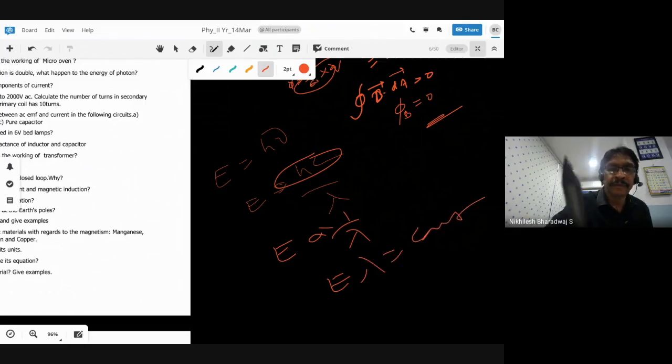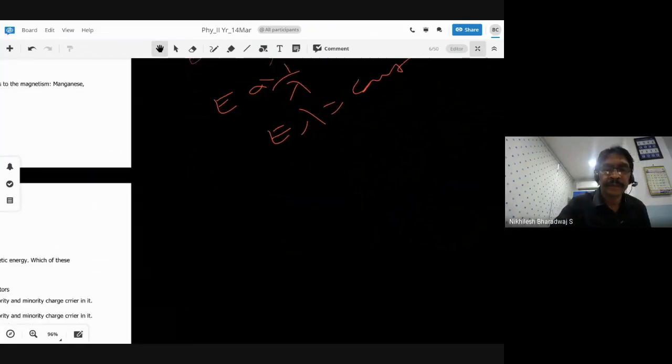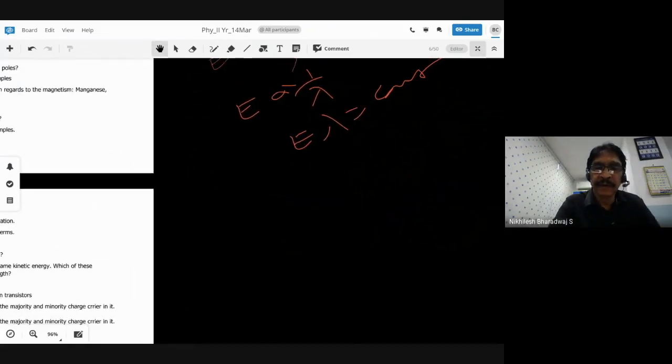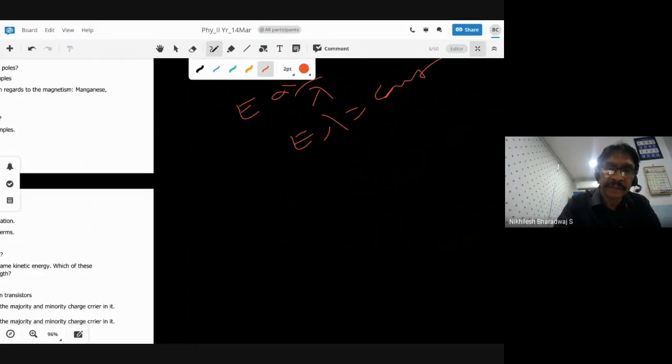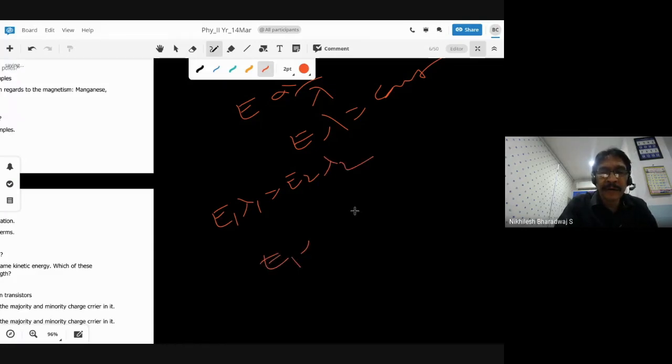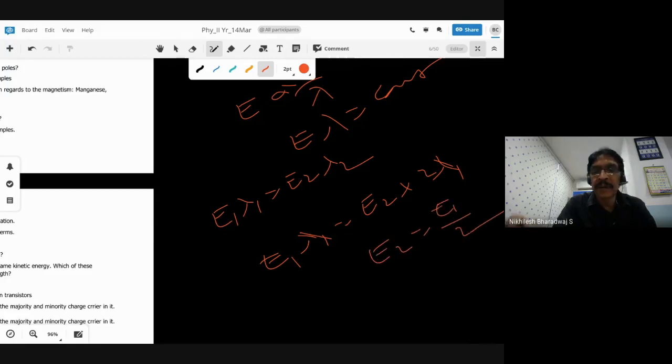Therefore, E1 lambda 1 is equal to E2 lambda 2. E1 into lambda 1 is equal to E2 into 2 lambda 1. Lambda 1 gets cancelled. So E2 is equal to E1 by 2.